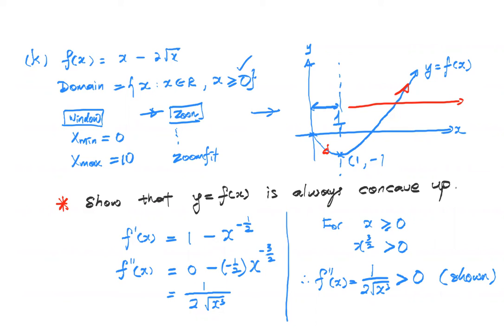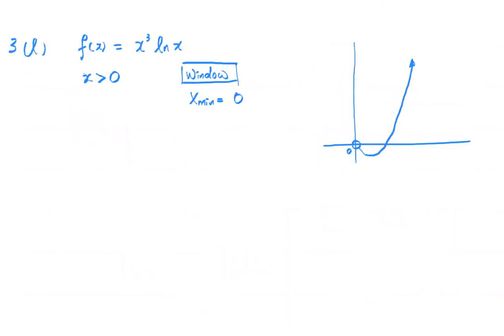The point is undefined for this function on the graph. You get me? So you must put a 0 there and you go like that. Do you get a graph like that? So this is the function y equals x cubed ln x.